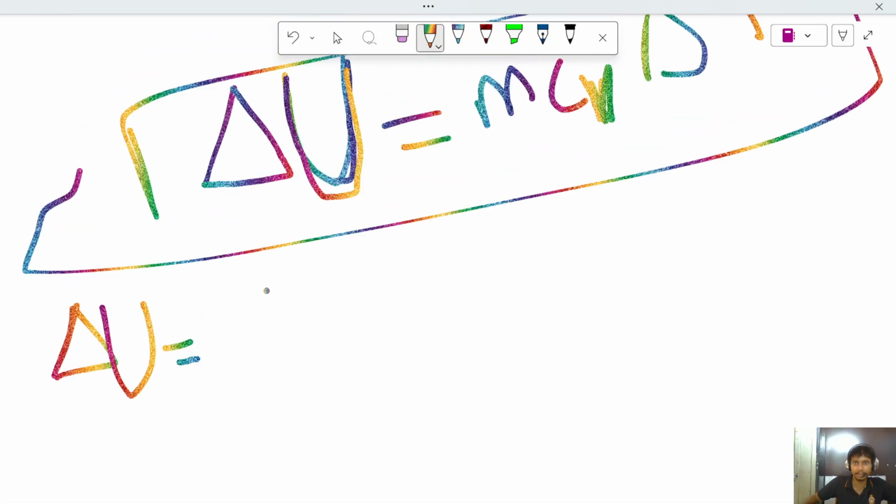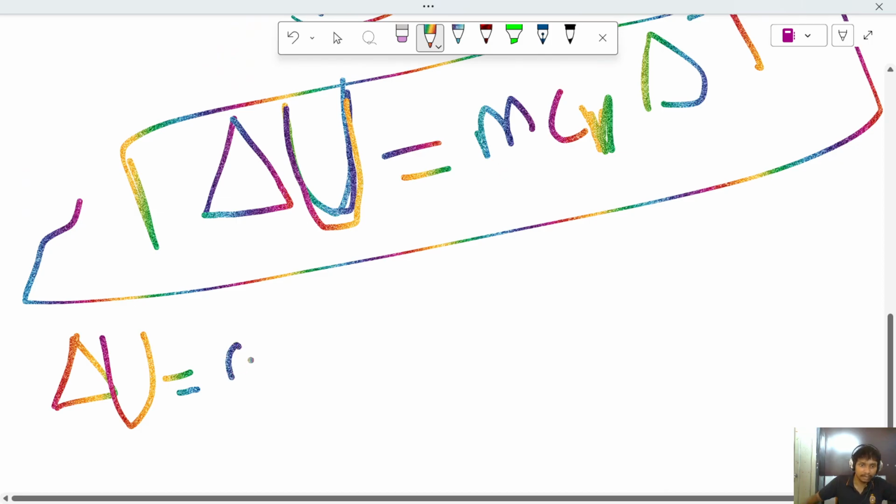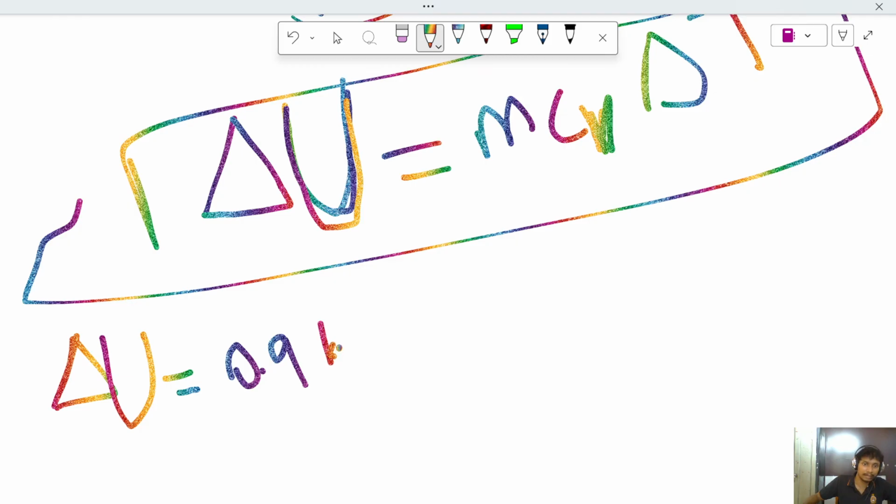Delta U is equal to m. We already know m is equal to 0.9 kilogram. 0.9 kilogram into Cv.